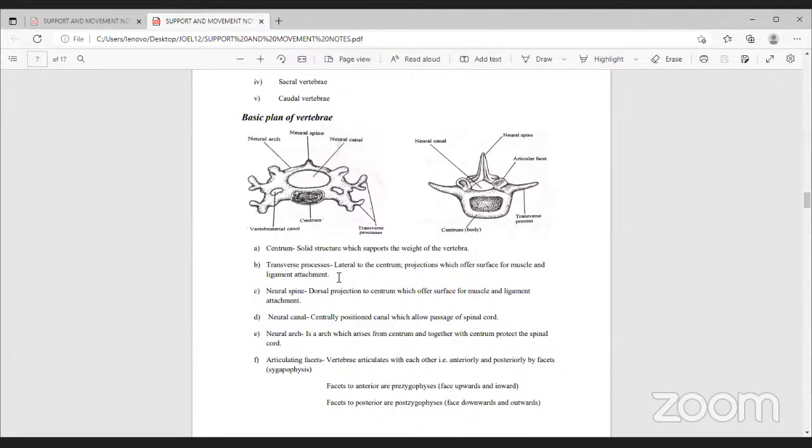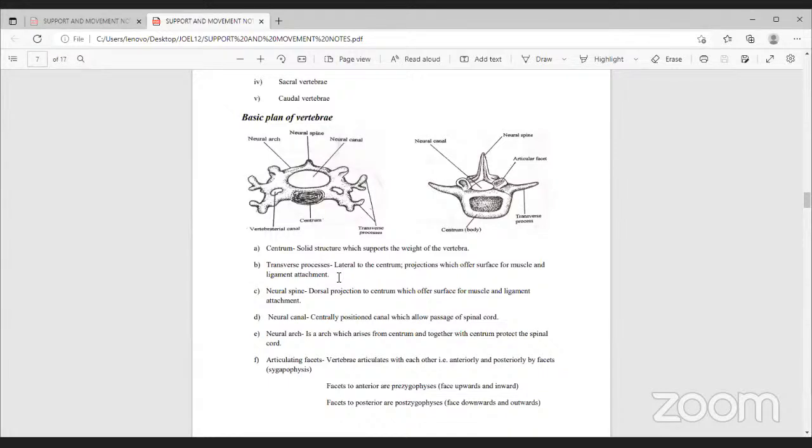I'm sure you can see the diagrams there. The first diagram is showing the neurospine. That is how the basic plan works: when you have a vertebra, it is supposed to show you these features. It is supposed to give you the neurospine, the neural canal, the neural arch, the vertebral canal, and the centrum, which is a solid body to provide support.